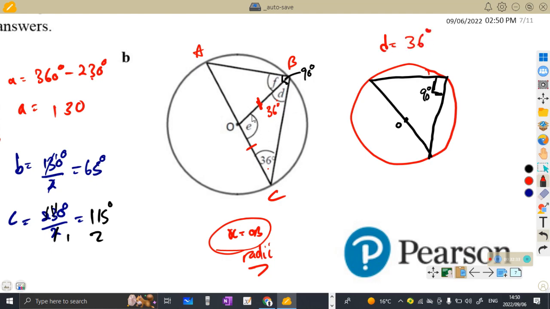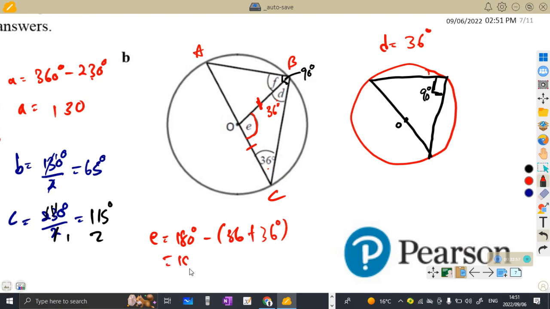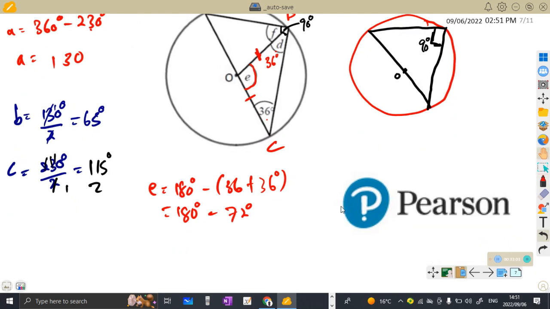To find the angle E now, we can simply use the concept of angles in a triangle, since we know that angles in a triangle add up to 180 degrees. So our E is going to be 180 degrees minus these two angles, which is 36 plus 36 degrees. That's 180 minus 72 degrees, that's 72 actually.